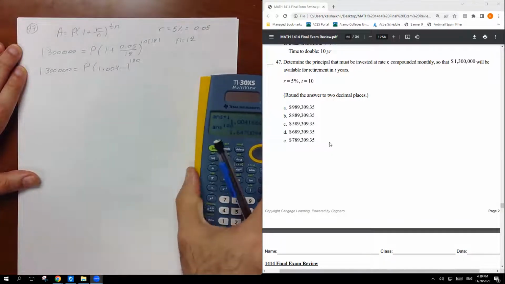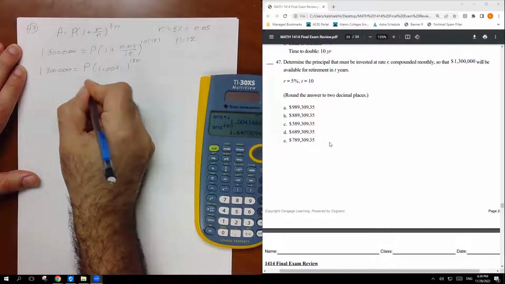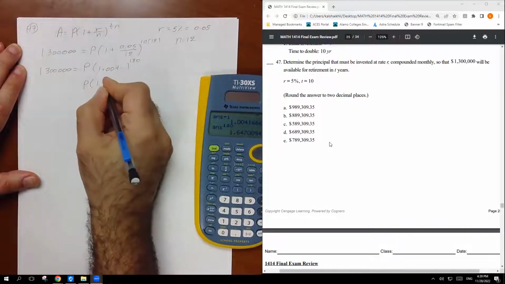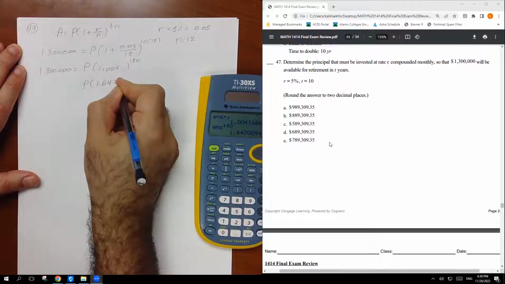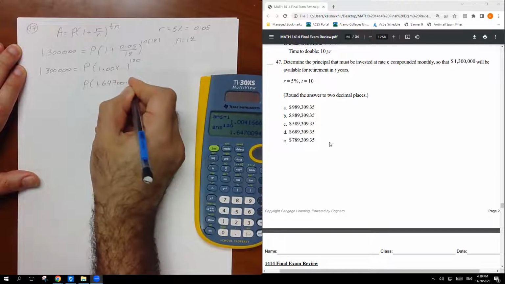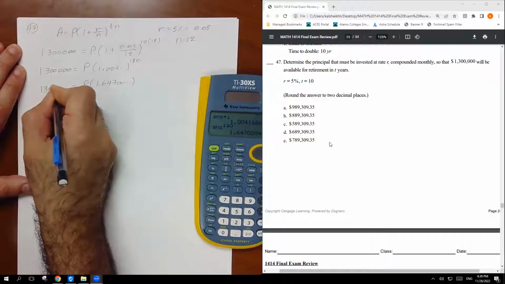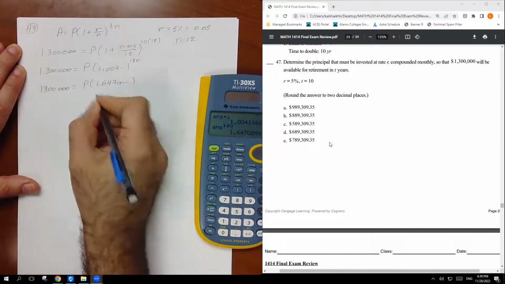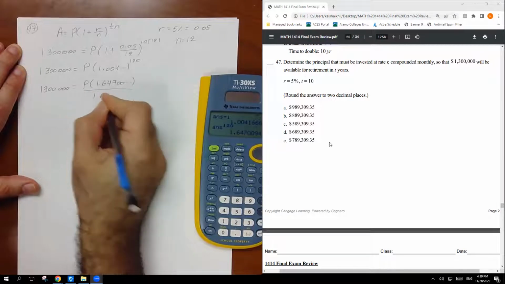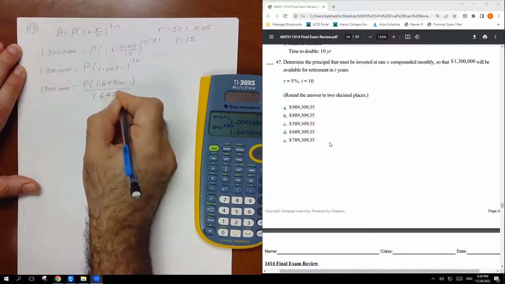So it's going to be P times 1.64700 and equal 1,300,000. Then divide both sides by 1.64700.